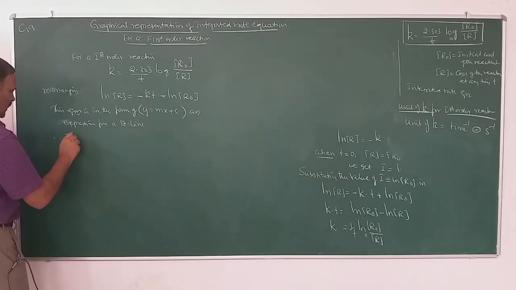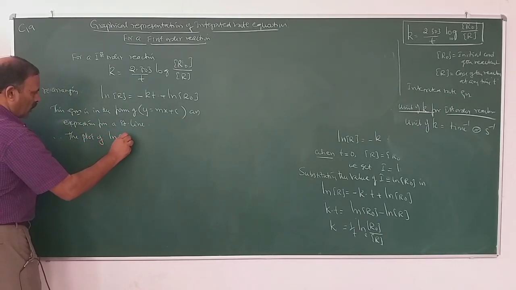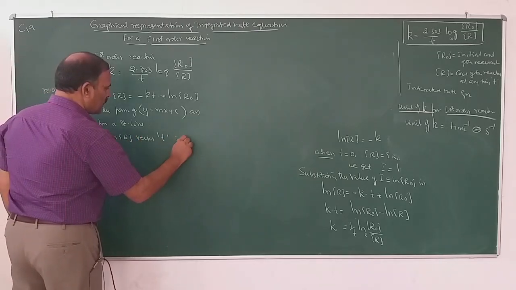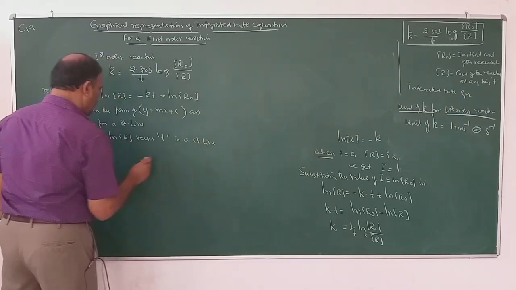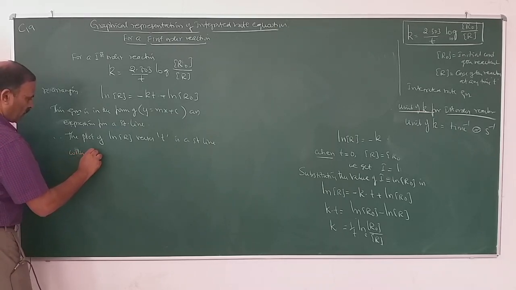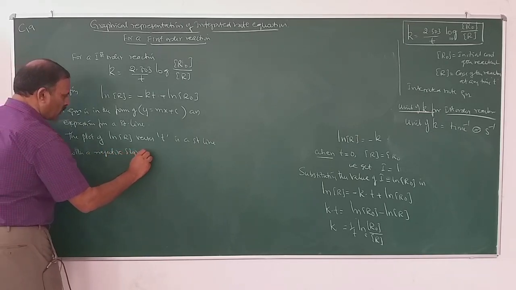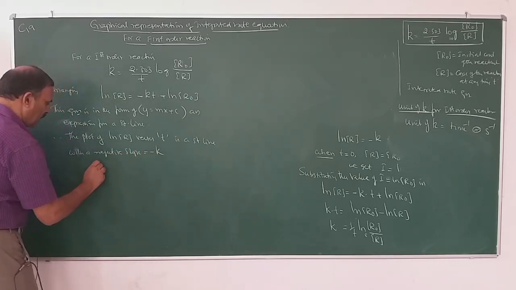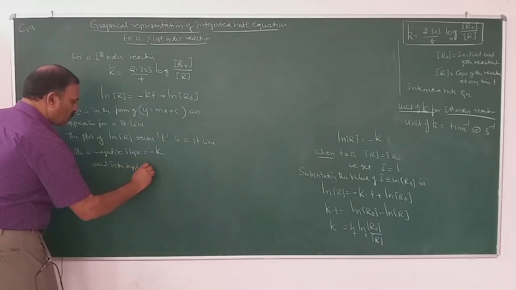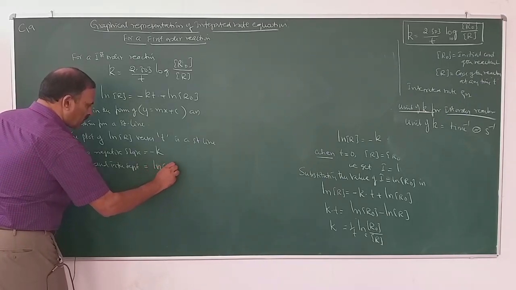Therefore, the plot of log R versus time is a straight line with a negative slope equals minus k, and intercept equals log R0.